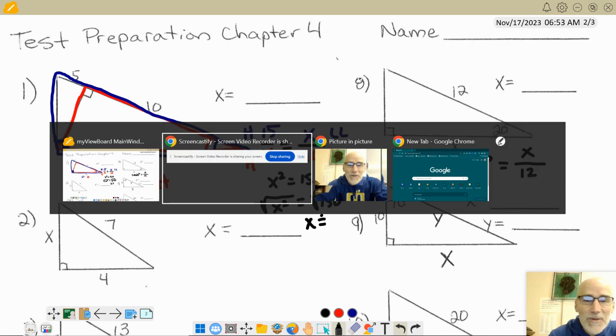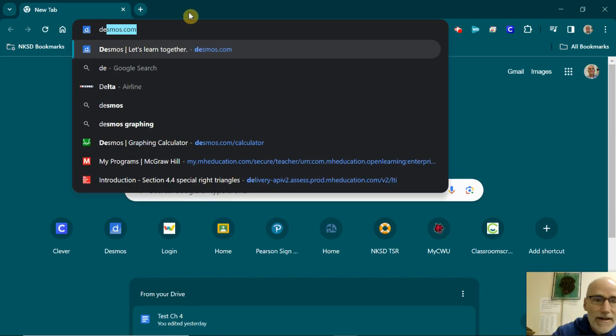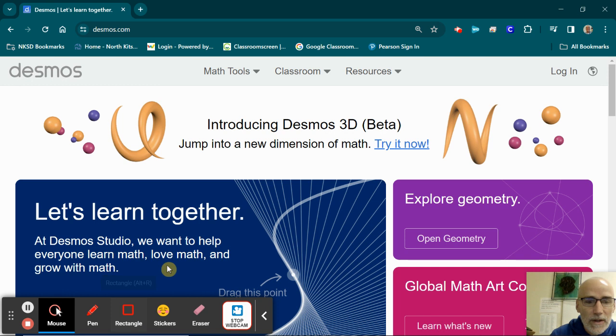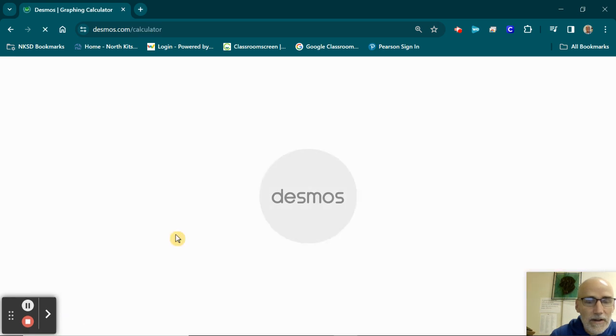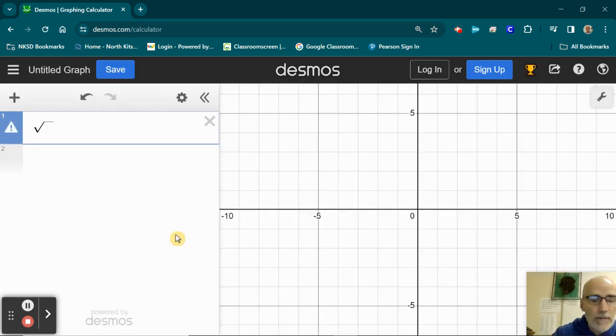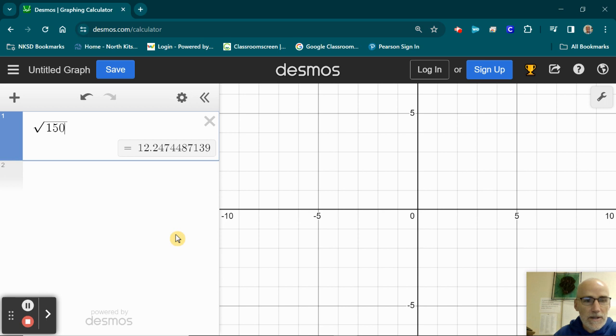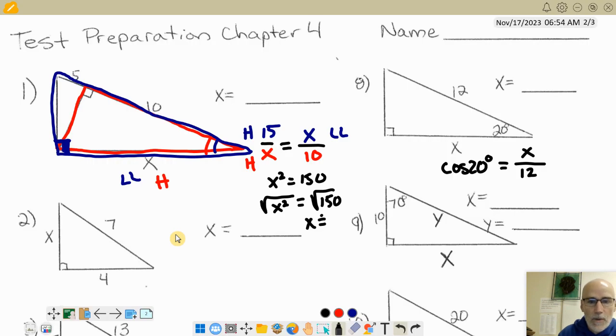So let me go over to Desmos and we'll put it into our calculator, right? SQRT of 150, and it comes out to be 12.2, right? I wanted everything rounded to the nearest tenths place. So 12.2 is going to be our answer for X.